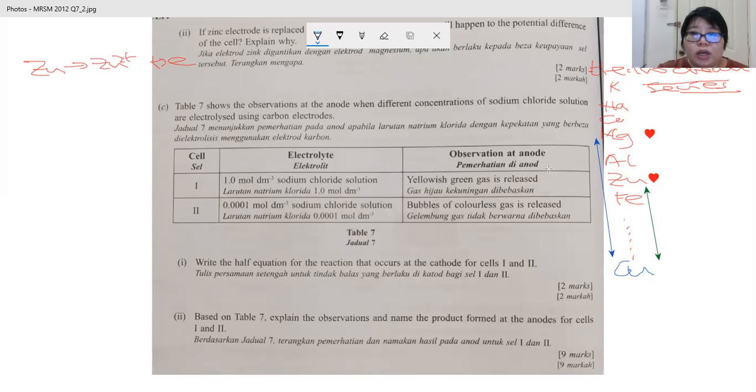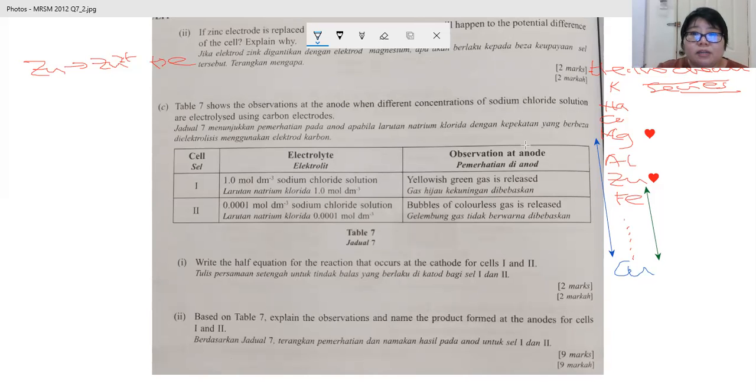Therefore, when we are talking about the potential difference, of course, the potential difference which is produced by set 2, which is using magnesium and copper, is higher. Okay, so we have got 1 mark. The potential difference that is produced increases or it becomes higher. Please don't write the word high because it does not show any comparison.